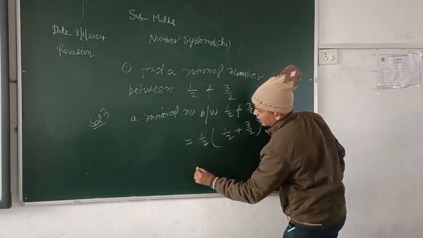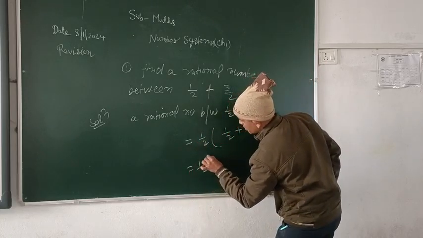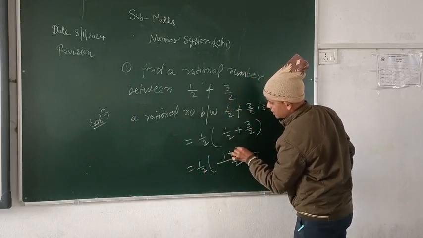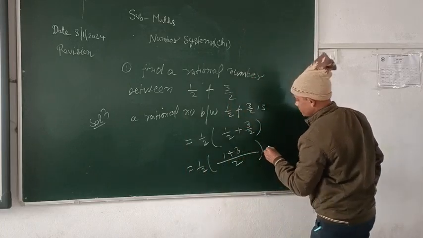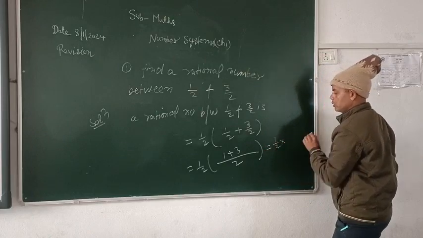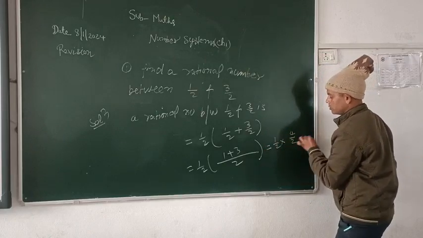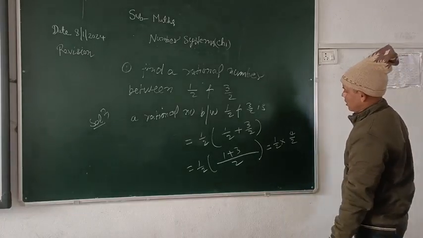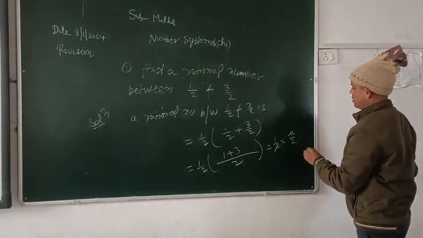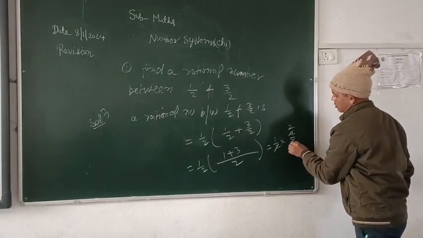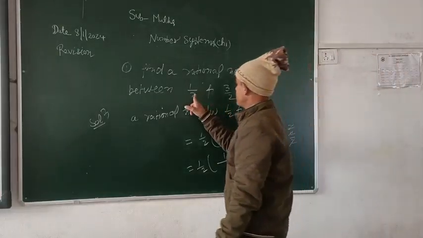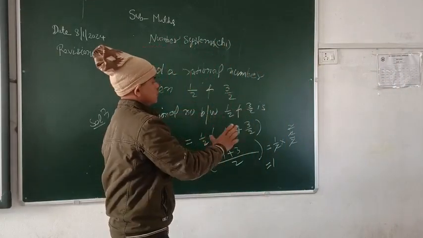It means 1 by 2 into (1 plus 3 by 2), so it will be 1 by 2 into 4 by 2. Okay. And now 2 twos are 4, so 1. So the rational number between 1 by 2 and 3 by 2 is 1.